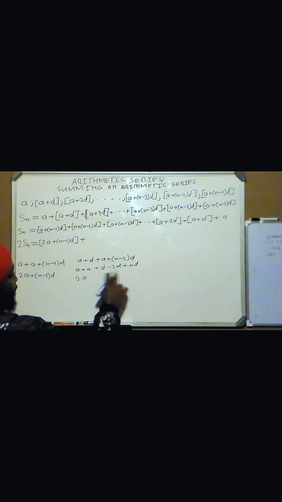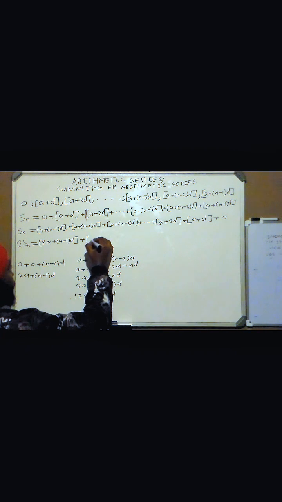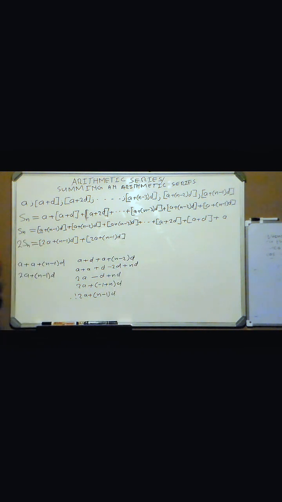So a plus a again, I get 2a, right? d minus 2d, this would give me minus d plus nd. So I would have 2a plus minus 1 plus n multiplied by d. Therefore this is 2a plus n minus 1 d. So I get the same expression, 2a plus n minus 1 multiplied by d.